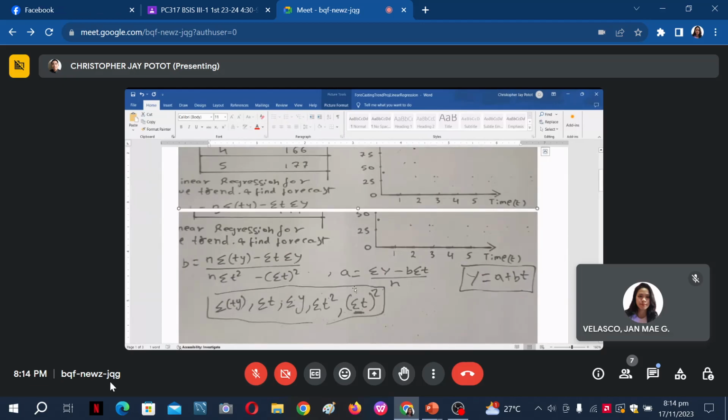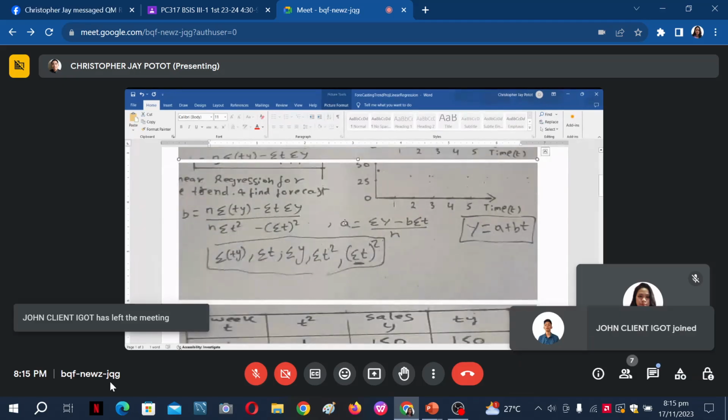The formula for finding a is the summation of y minus b times the summation of t, over n. And then we must also find b, which is n times the summation of ty minus the summation of t times the summation of y, over n times the summation of t squared minus the summation of t, squared.